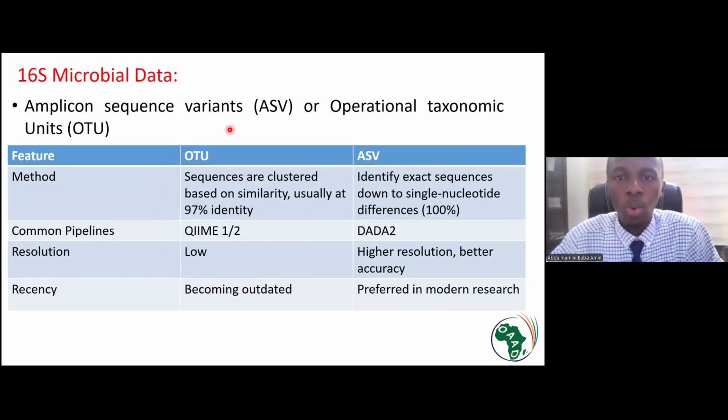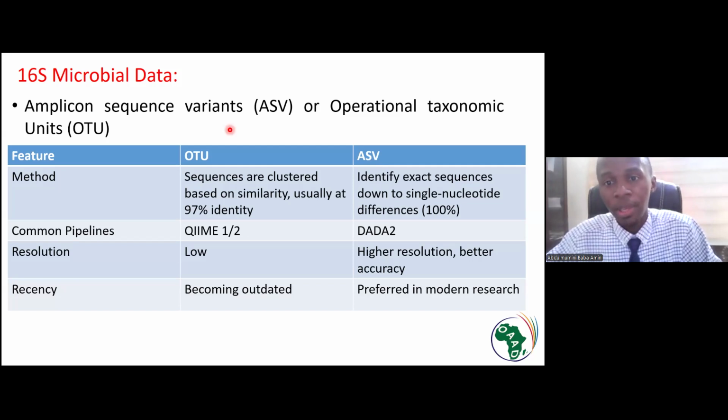OTUs are sequences that are clustered based on similarity, usually 97% similarity. So if a sequence is 97% similar to that of a bacteria in a database, it will automatically identify that sequence as that bacteria. So just 97% accuracy.